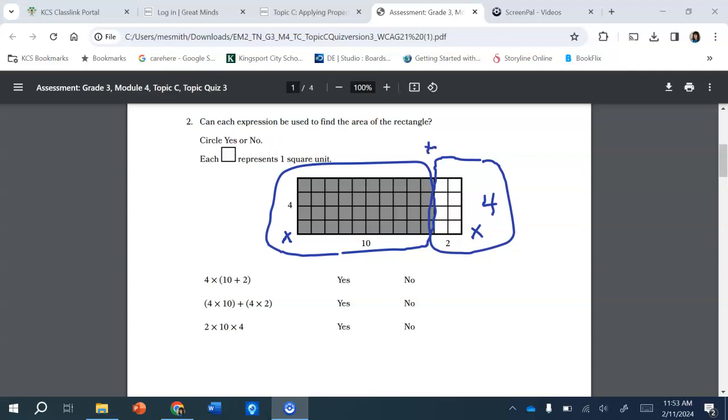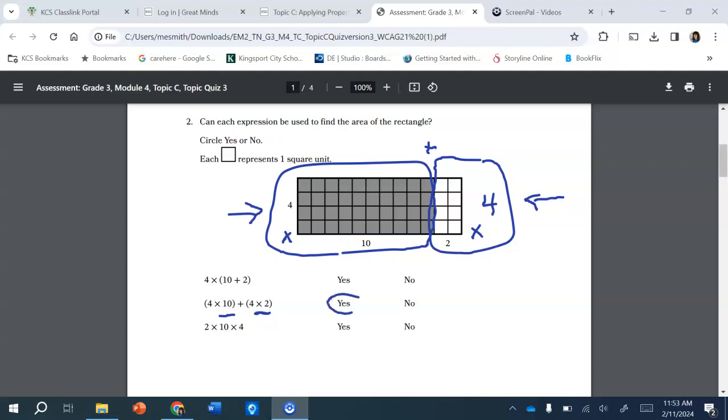But in order to find the total area, I then have to put those two pieces together. So if you look at the middle choice, it says 4 times 10, which was this first area we just looked at. And it says 4 times 2, which is this area that we just looked at. And then it shows that they are putting it together with that plus symbol right there.